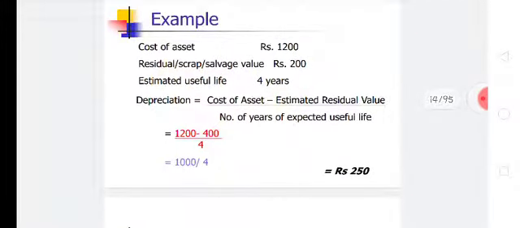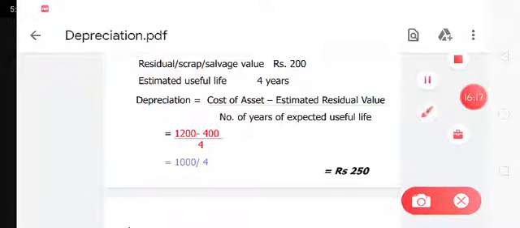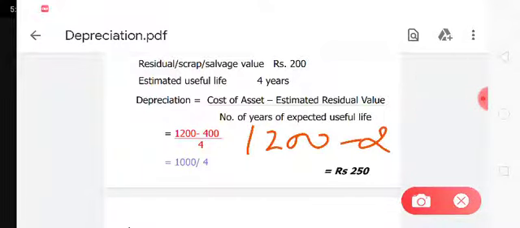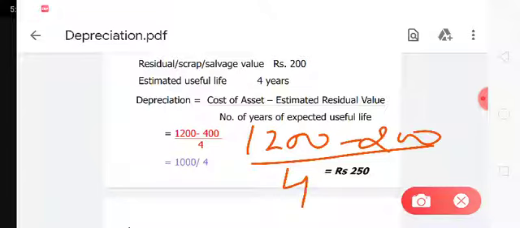Cost 1200 minus 400. Okay, sorry, I want to share a correction with you. It is 1200 minus 200, because the residual value is 200 rupees, and the number of years is 4.